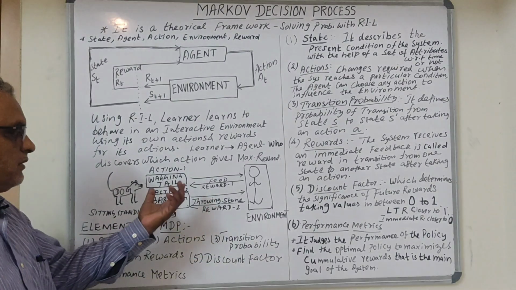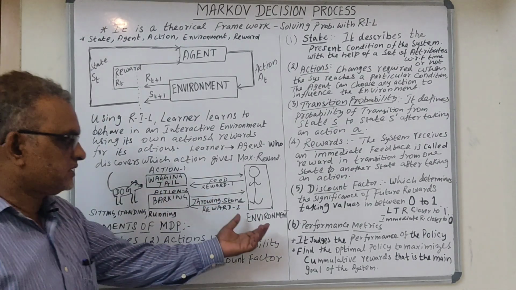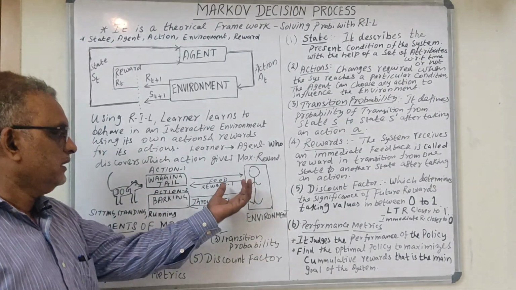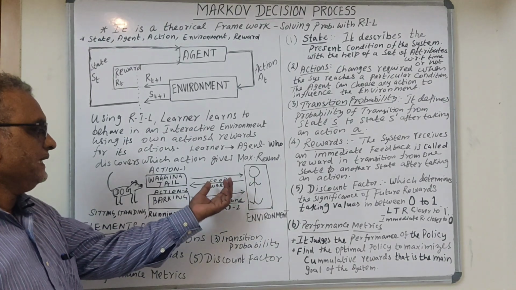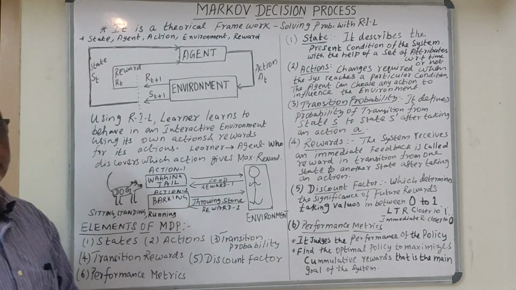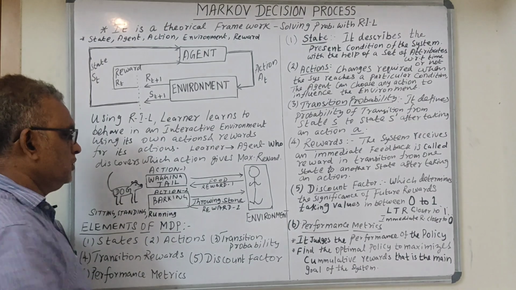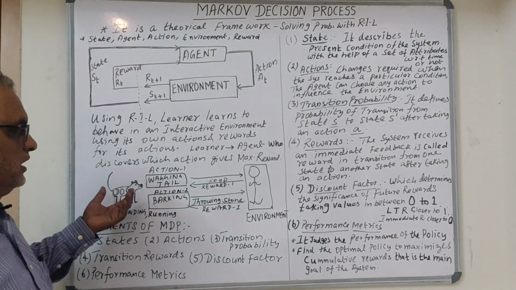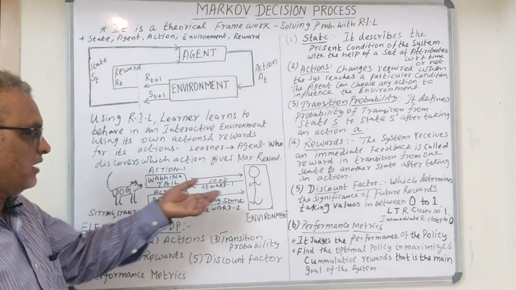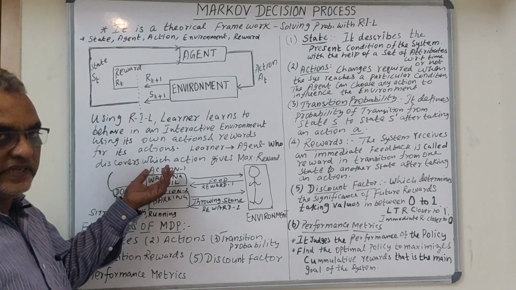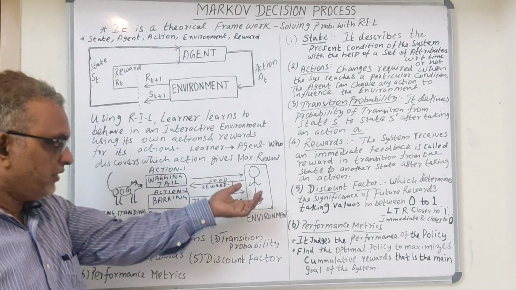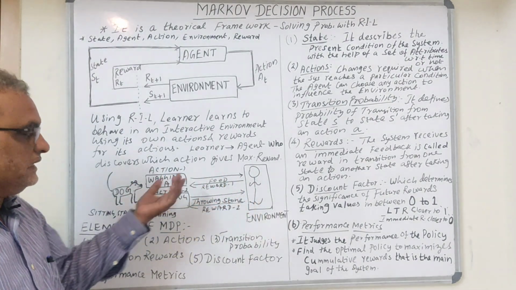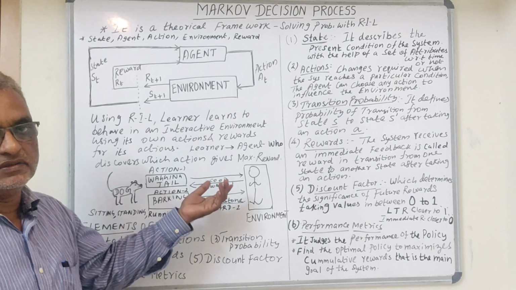For this particular action, the person, who is the environment, gives food. That is the reward. So the agent influences the environment through its action, and from the environment the agent receives the reward.